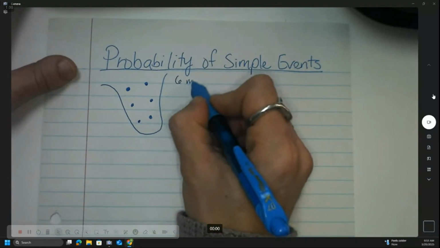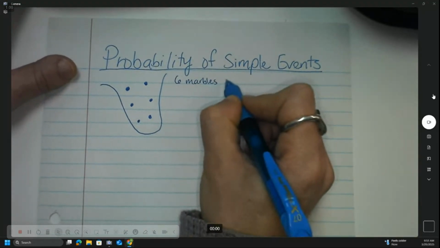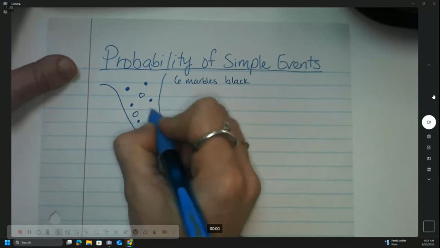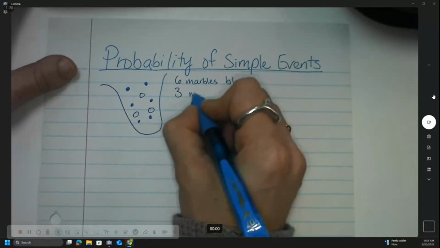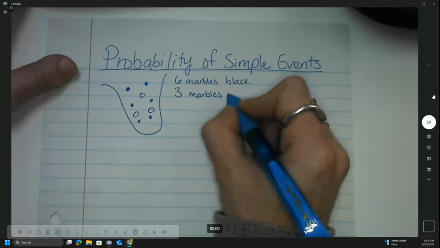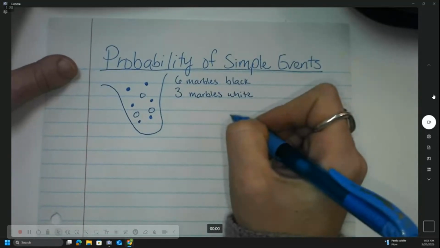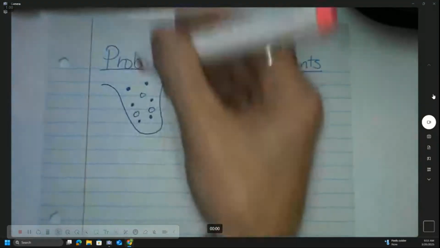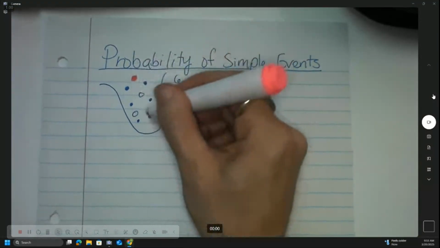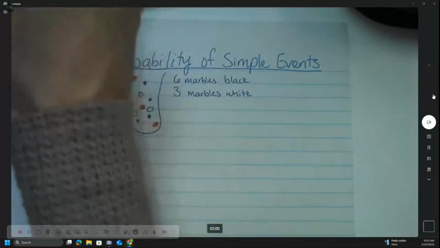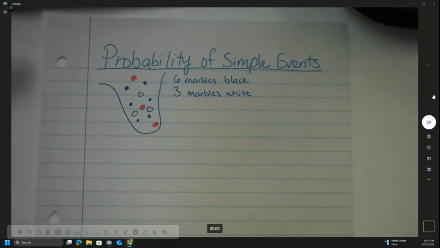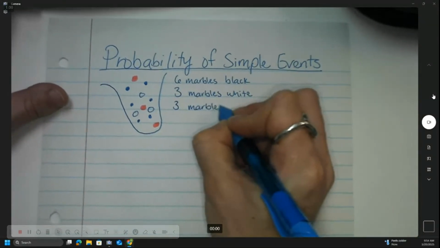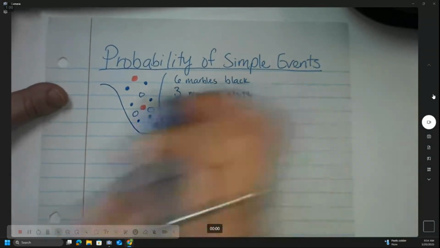So 6 marbles are black. 3 of them are white. And then I'm going to say, let me get another color here, 3 are pink. Three marbles are pink.